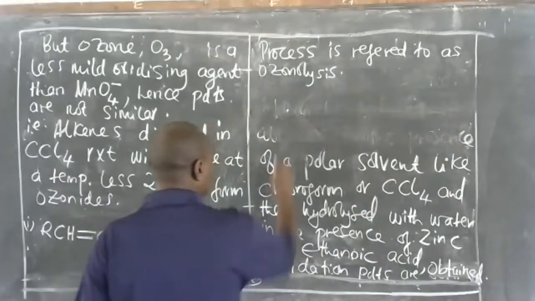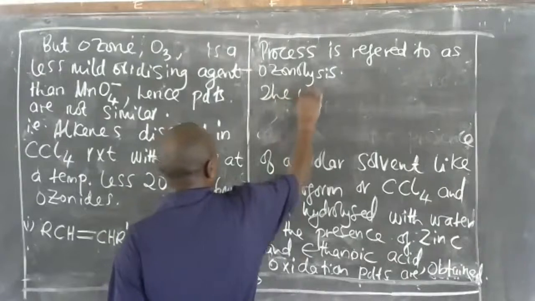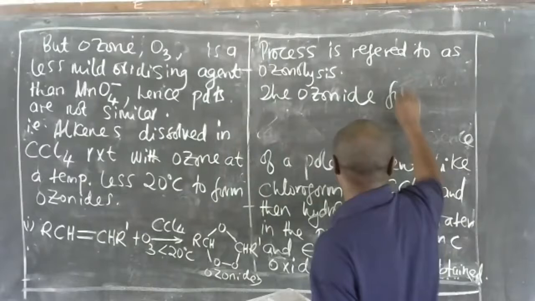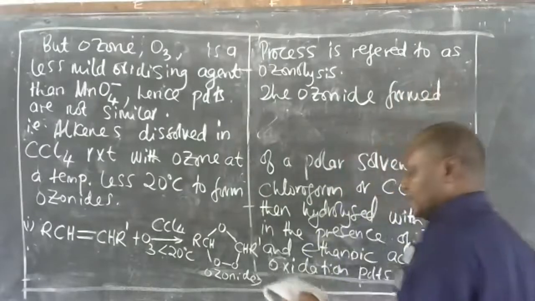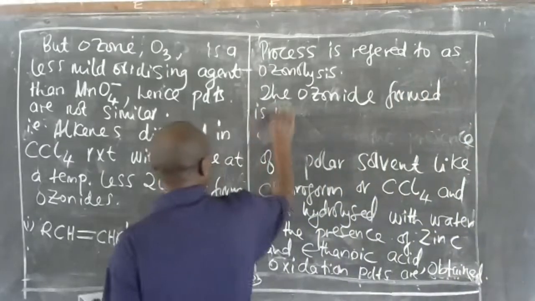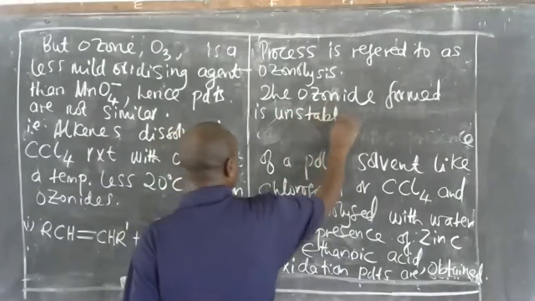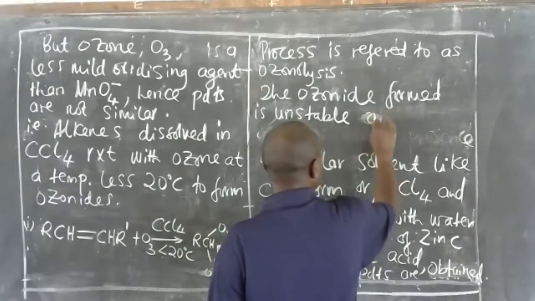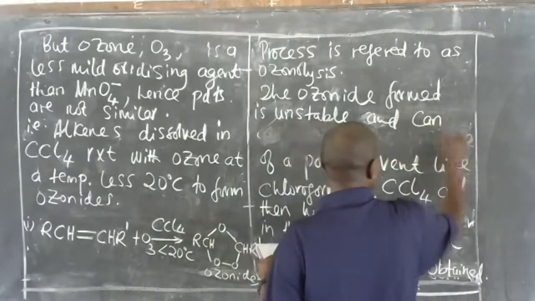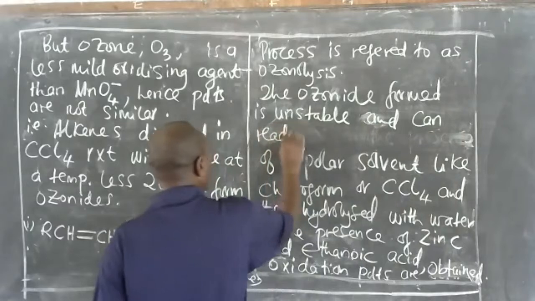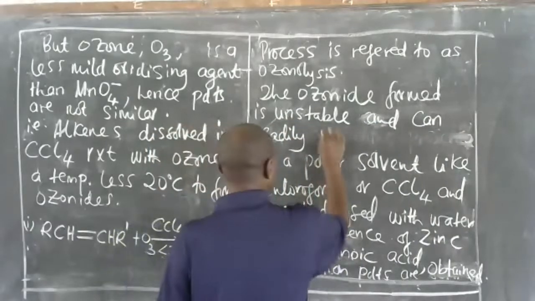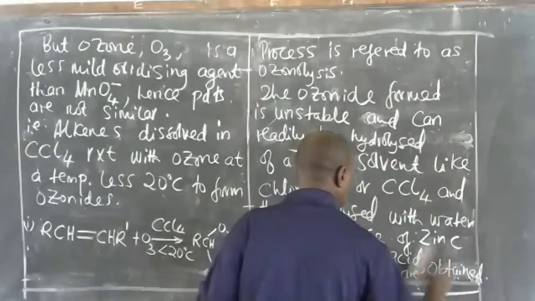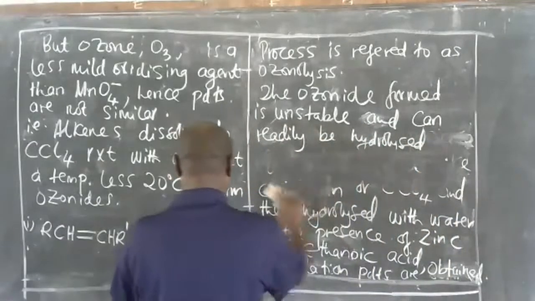The ozonide formed is unstable and can readily be hydrolyzed with water.